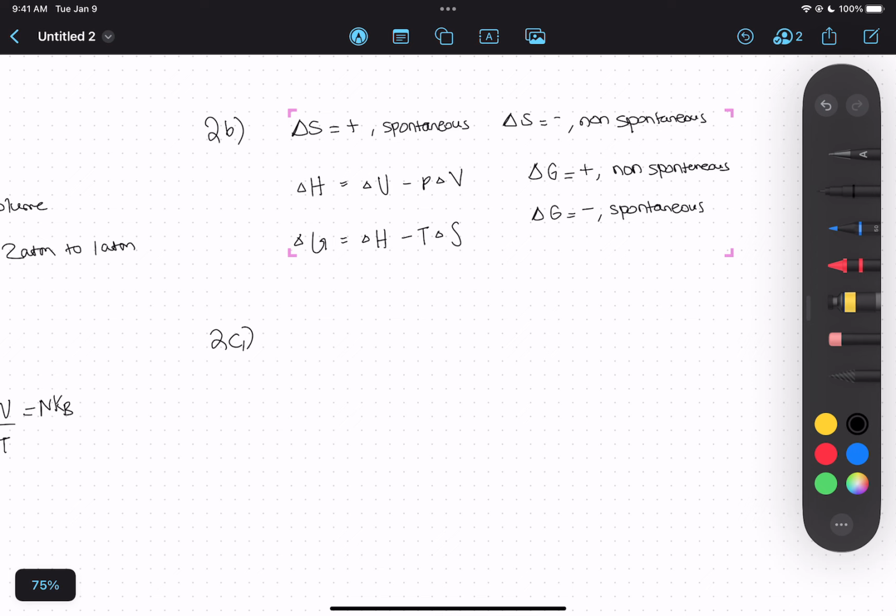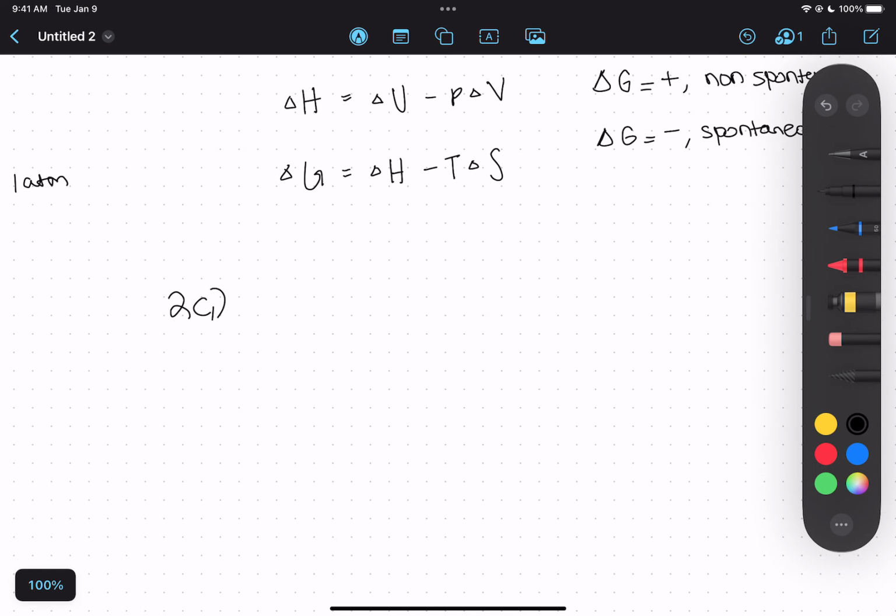Well, let's see here. If we want to think about the delta G as some final state and some initial state, that's generally how we think about things. Some final state free energy and some initial state free energy.